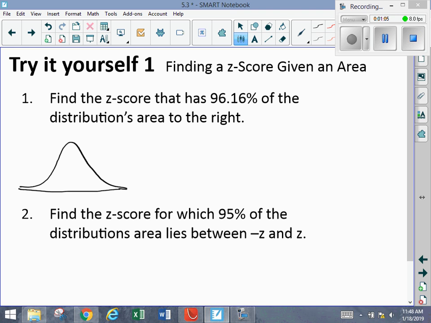We've got our normal curve, we've got a 0 here, and 96.16% of the area to the right, something like that. So we'd like to find what the z-score is at that point.